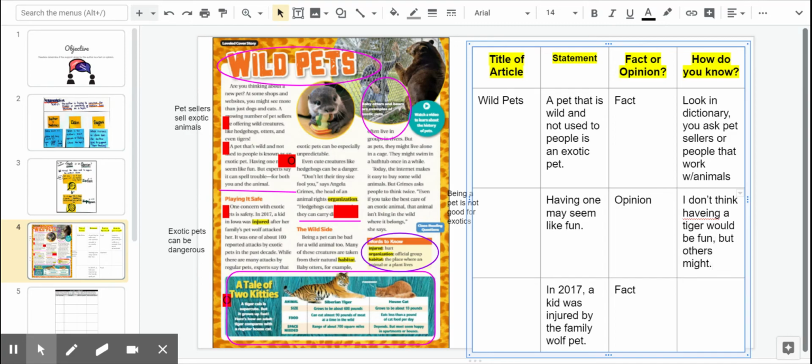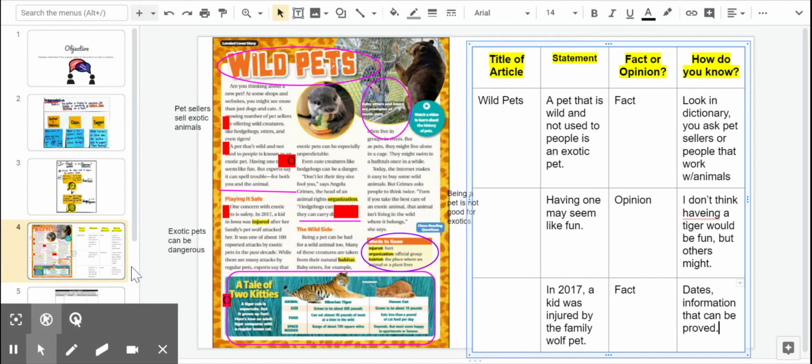Okay? So that has a feeling to it. It has an opinion. And then down here, okay, we have a date. It uses dates. It gives information. Okay? And that can be proved. Okay? So that's pretty much how you're going to do your work.